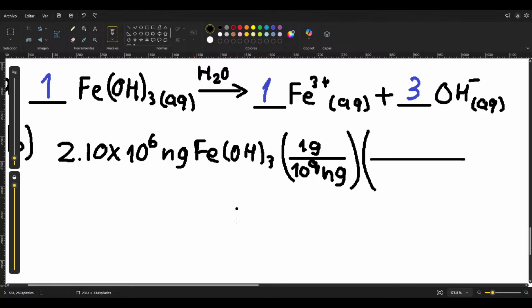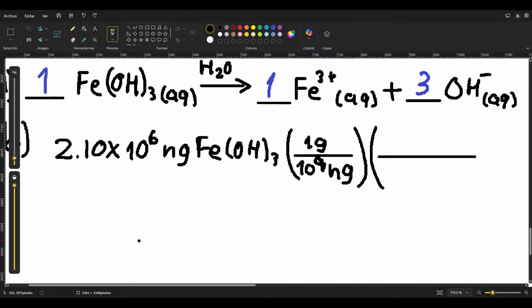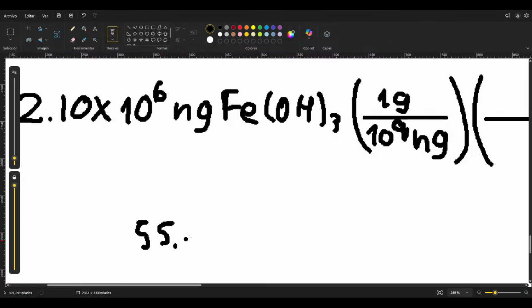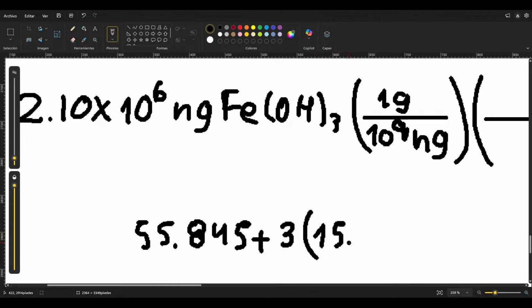So now we're going to have to calculate the molar mass. Okay, so the molar mass of iron is specifically 55.845, plus, and we have the 3, and inside 15.999 plus 1.008.